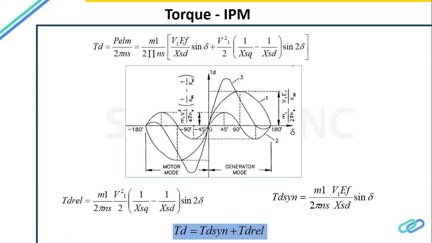If you compare the torque density vis-a-vis induction, this gives a very good amount of torque for a given space, volume and weight.